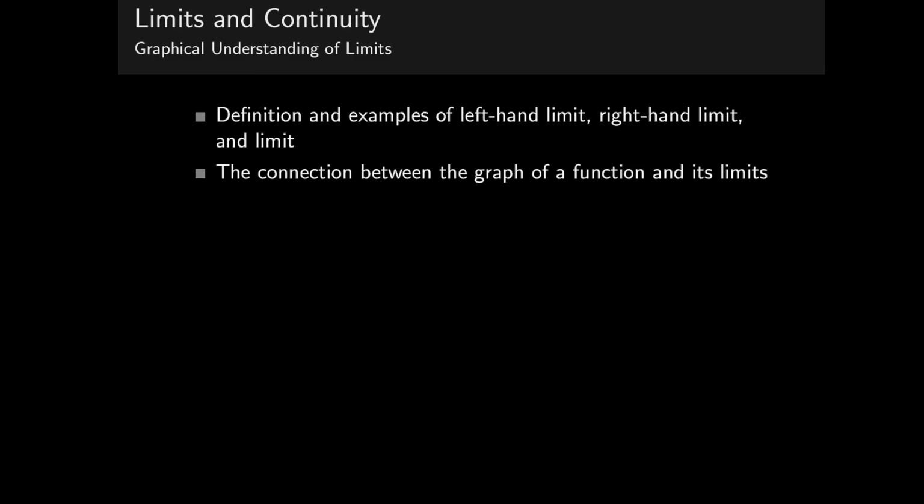Well, first of all, let's talk about what we mean when we say one-handed limits, or one-sided limits, which we might call the left-hand limit and the right-hand limit, and how that's connected to limits in general.